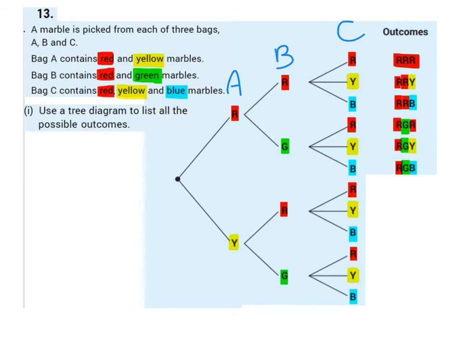Okay, so they are all the different possible outcomes if we had chosen red from bag A. What if we had chosen yellow from bag A?